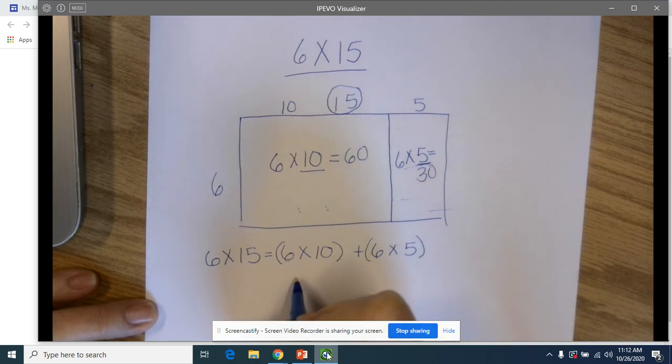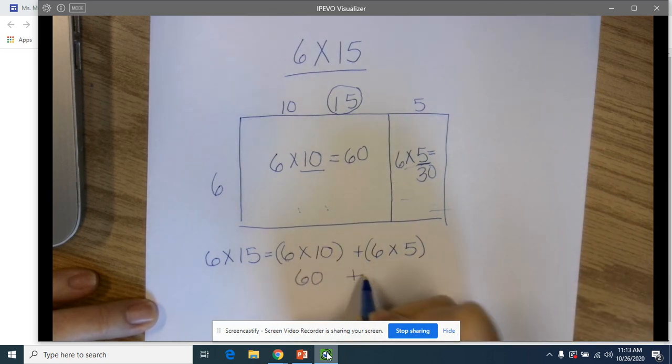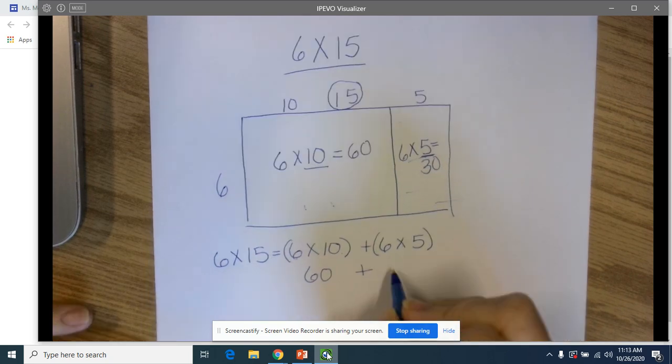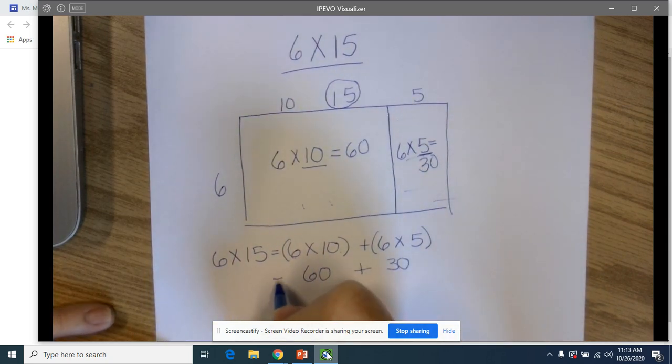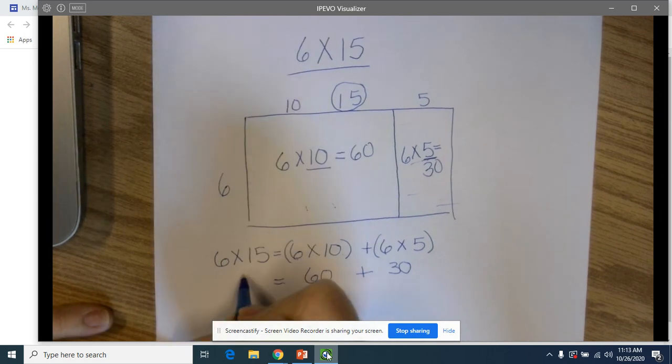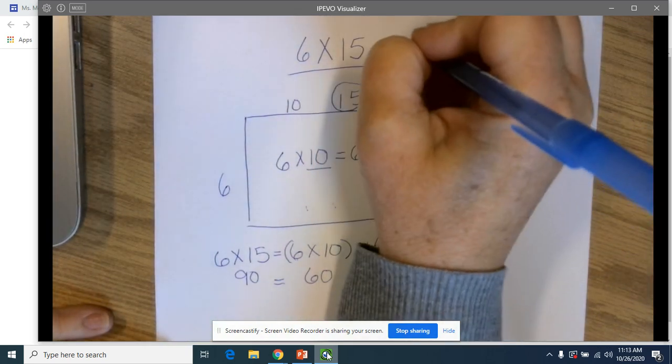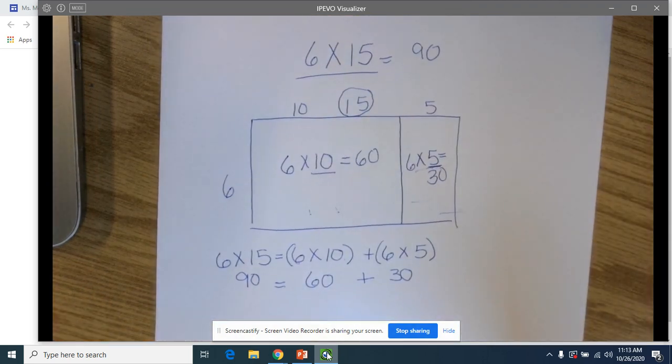So 6 times 10 is 60. 6 times 5 is 30. And when we add those together, we get 90. So 6 times 15 is 90.